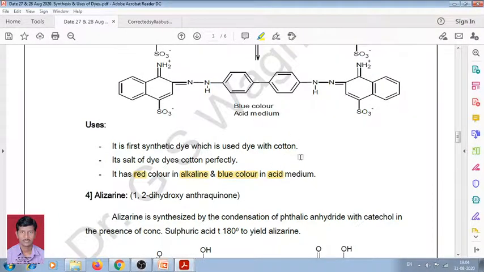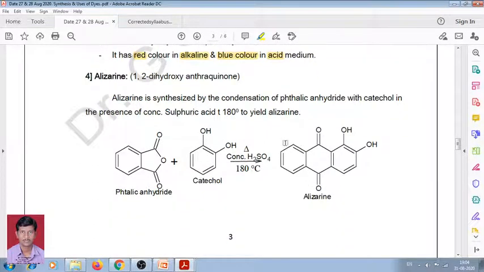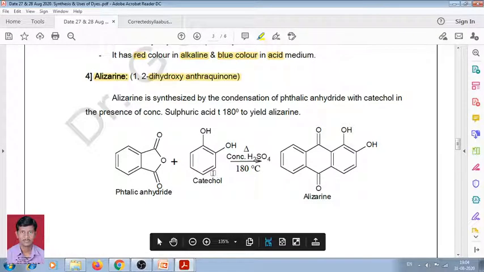Okay, the next dye, that is alizarin, we have to learn the synthesis and uses of alizarin. This alizarin is also called 1,2-dihydroxyanthraquinone. This is one position, this is two position, and this is the structure of anthraquinone.